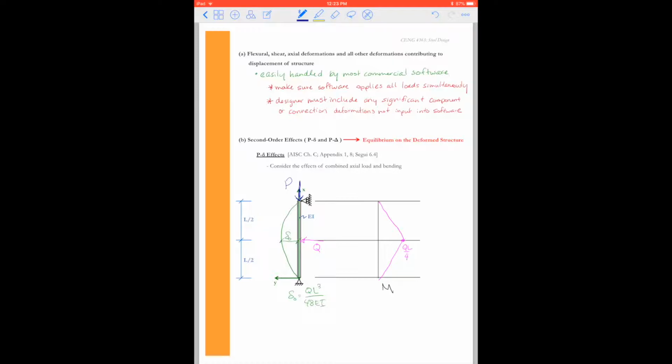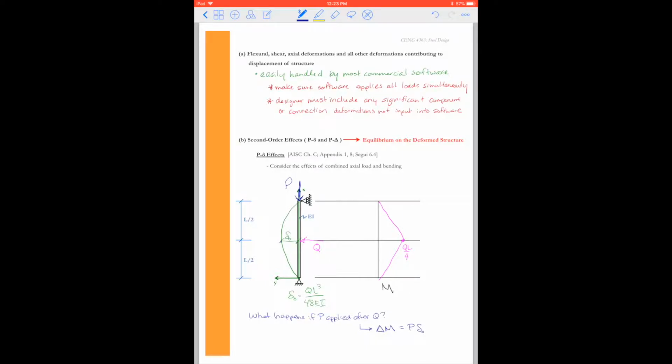So I just want to jot this down. What happens if P is applied after Q? We pick up an additional moment, delta M, equal to P times delta 0.